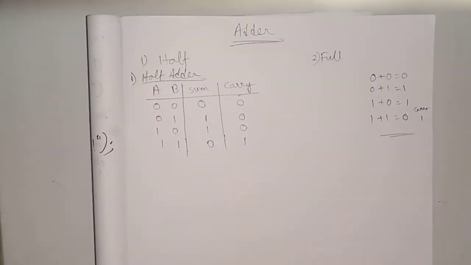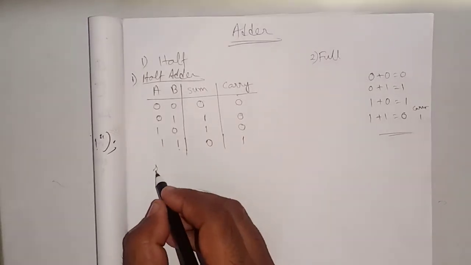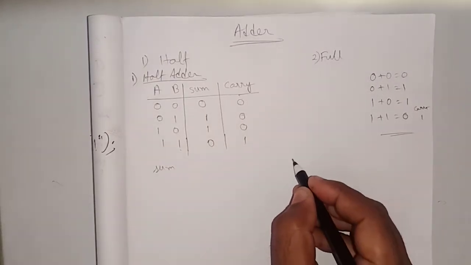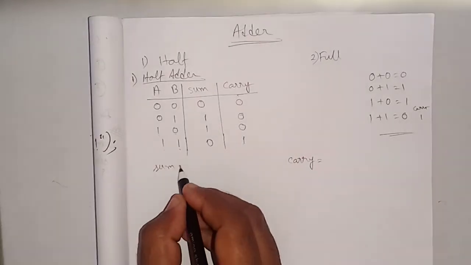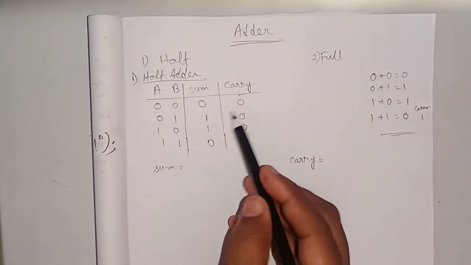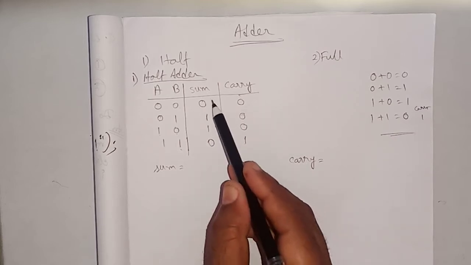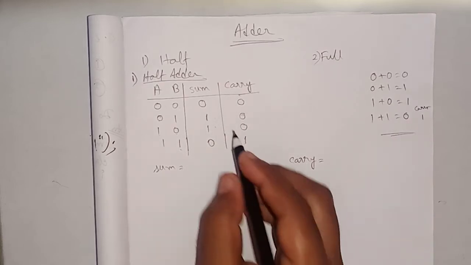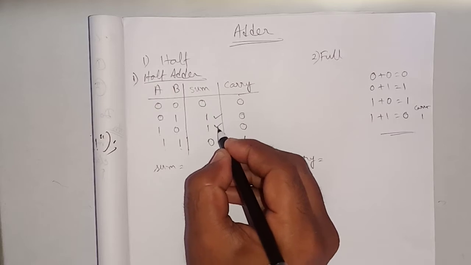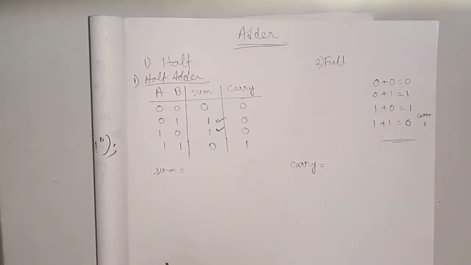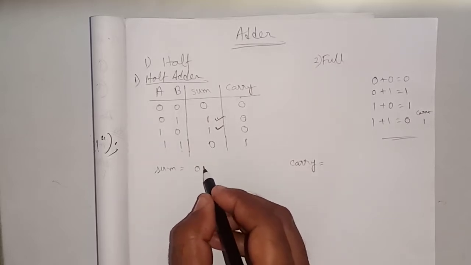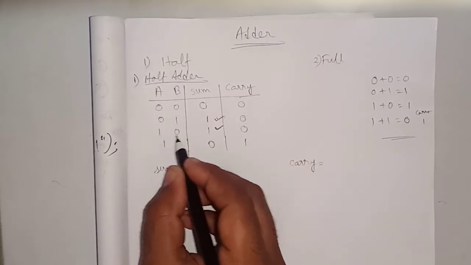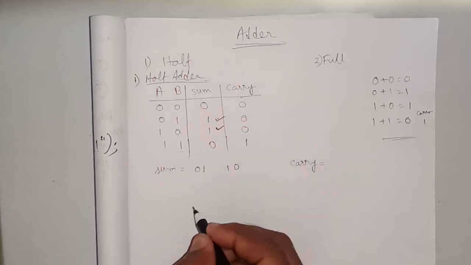Now, after getting this, we need to write two expressions: one is the sum expression and another one is the carry expression. What is the sum expression? In sum there are two 1s and two 0s. We take only the ones, this one and this one. Now in this line you can see 0 1, and next you can see 1 0.